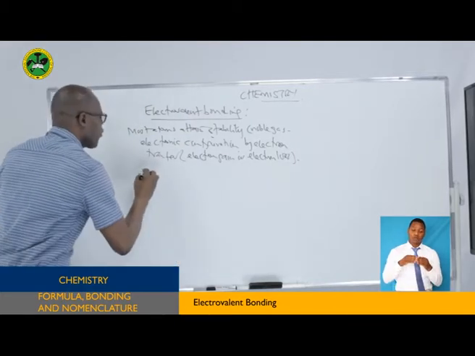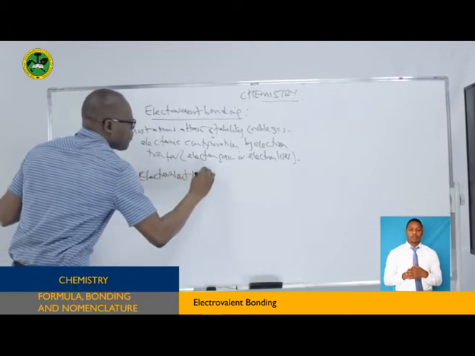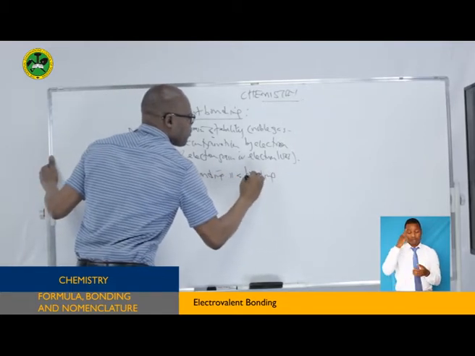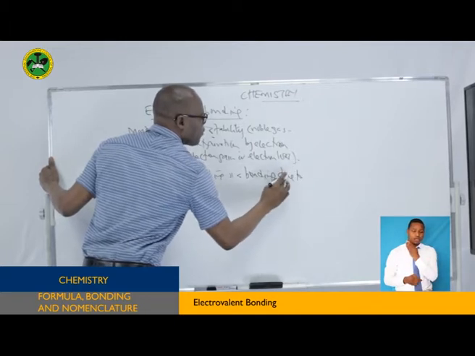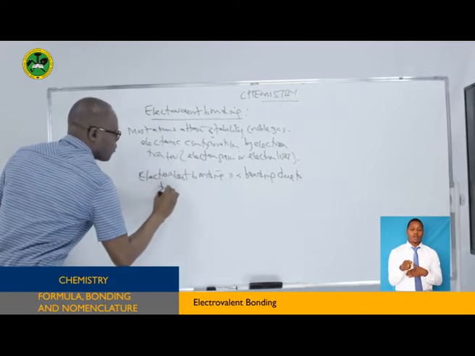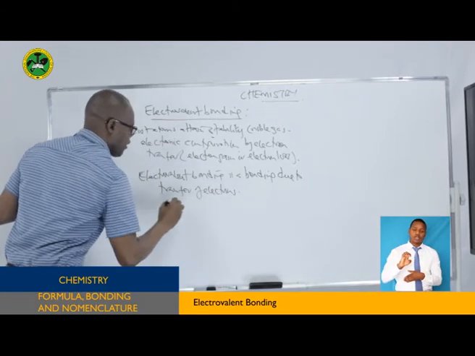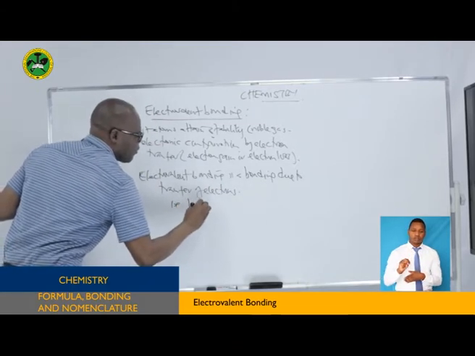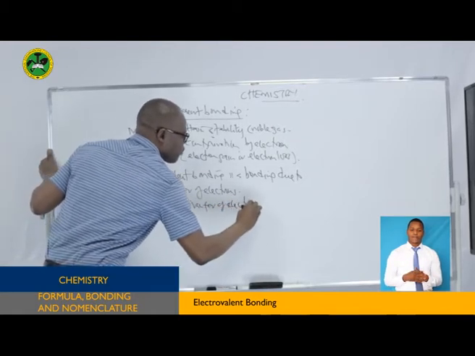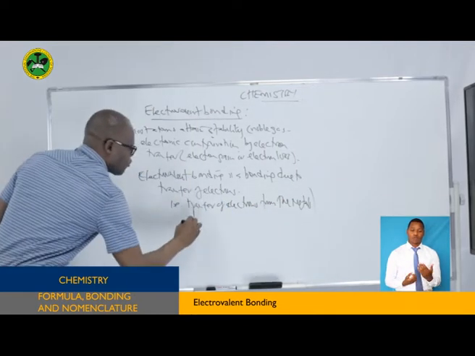Now, electrovalent bonding is a bonding due to this transfer of electrons, i.e. transfer of electrons from the metals to the non-metals.